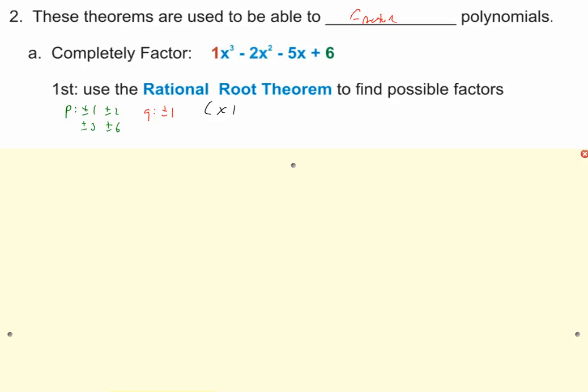So again, we have x plus 1, x minus 1, x plus 2, x minus 2, x plus 3, x minus 3, x plus 6, x minus 6. 2, 4, 6, 8.